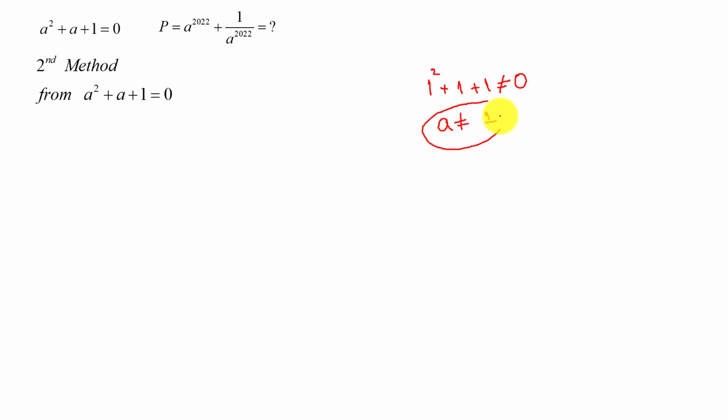If a is not equal to 1, I can multiply both sides of this equation by a minus 1. So I can write (a − 1)(a² + a + 1) equals (a − 1) times 0, which gives 0. And using the formula (a − b)(a² + ab + b²), we get a³ − 1 equals 0.